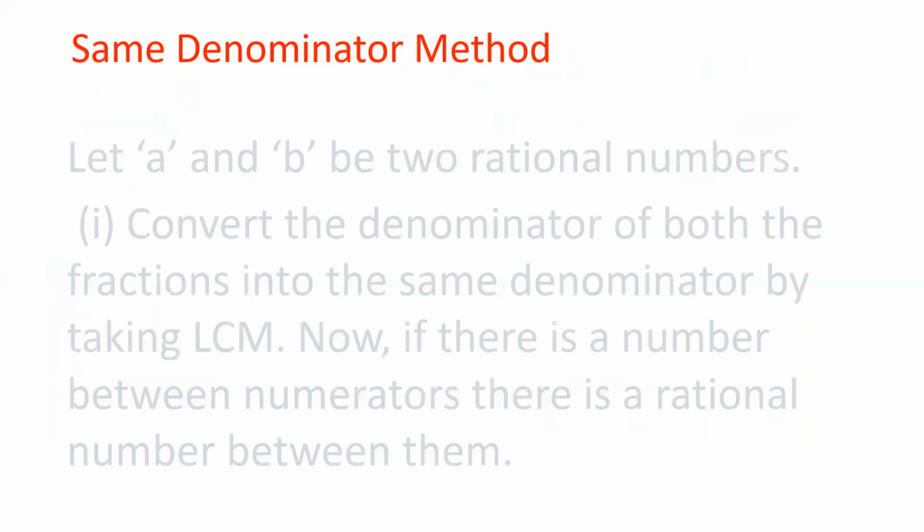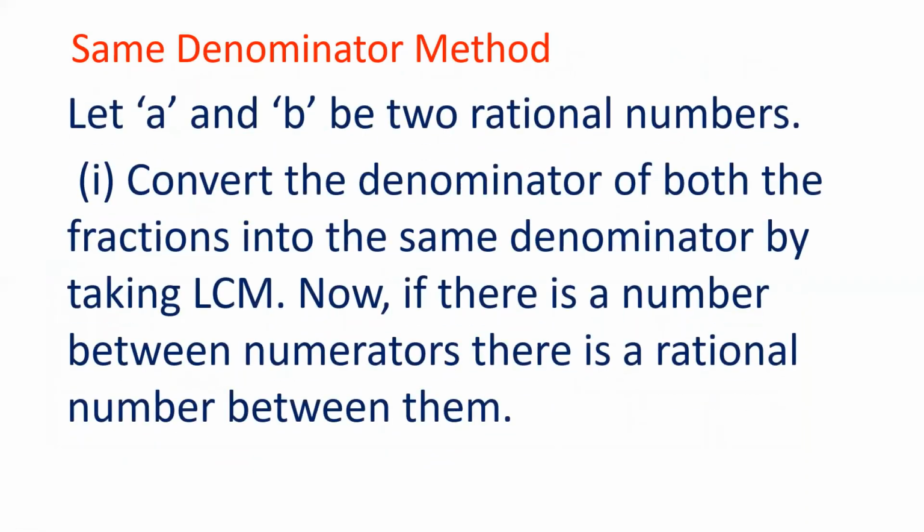Another method is the same denominator method, where suppose a and b are two rational numbers, then first we check if their denominators are the same or not. If the denominators are different, then first we take the LCM and convert both rational numbers into equivalent rational numbers in such a way that the denominators are the same.